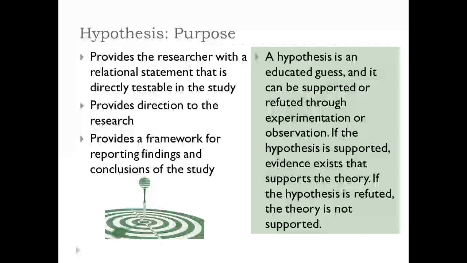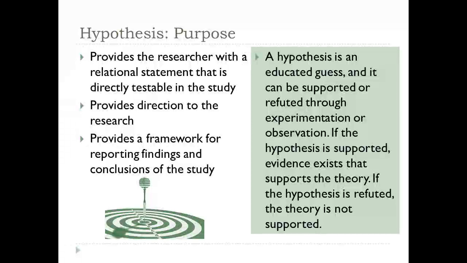A hypothesis is really an educated guess that can be either supported or refuted through experimentation or observation of some sort. If the hypothesis is supported, evidence exists that supports the theory. So in the example that I just provided, if we find that there is a statistically significant relationship between grades and community in an online classroom in a K-12 environment, then we have supported the hypothesis.